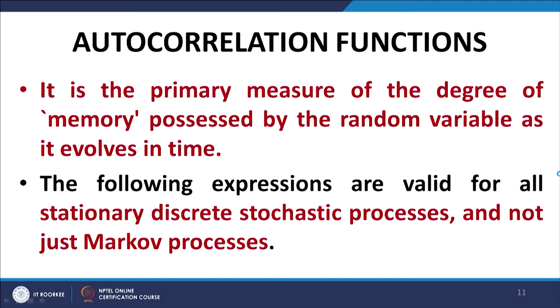As I mentioned several times, a stochastic process involves a sequence of random variables. Random variable at t equal to 1, random variable representing the process at t equal to 2, random variable representing the process at t equal to 3, and so on, a sequence of random variables which is usually indexed with respect to time.